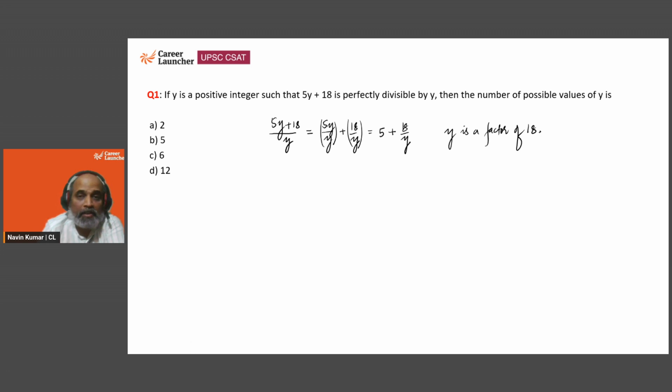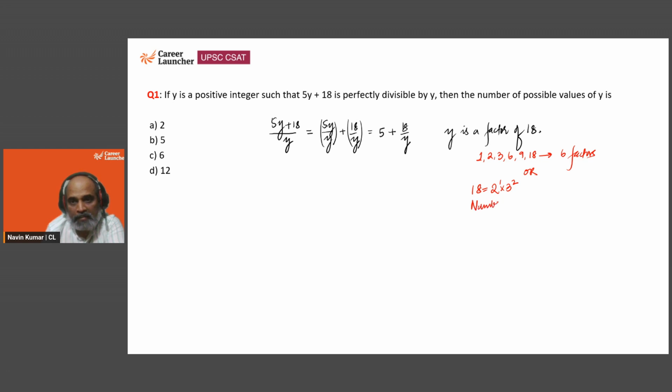Now how to count the number of factors of 18? Either we patiently find out what the factors of 18 are and how many of them there are, or there is another way to solve this. What you need to do is prime factorize the number 18, which is 2 to the power 1 into 3 square.